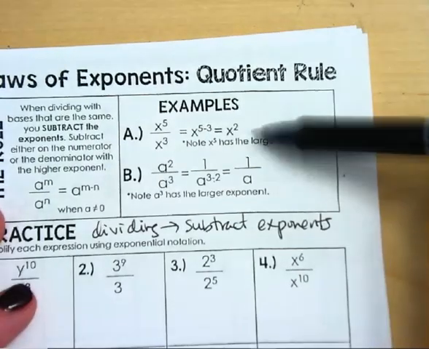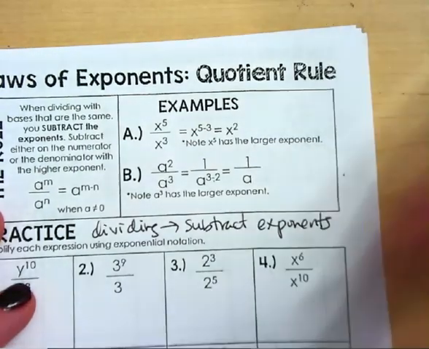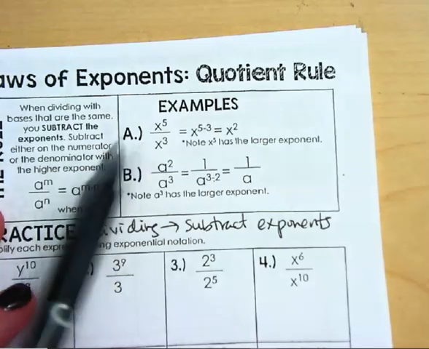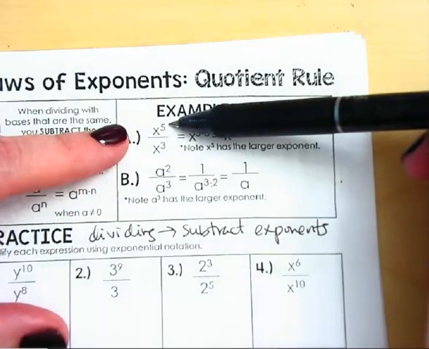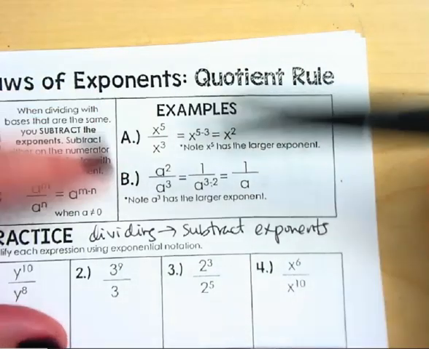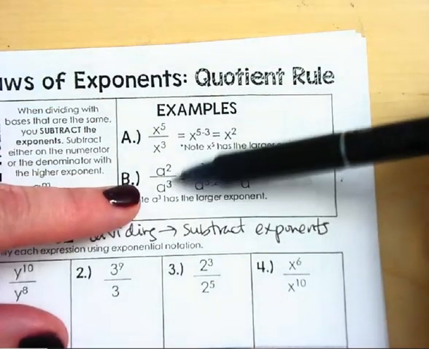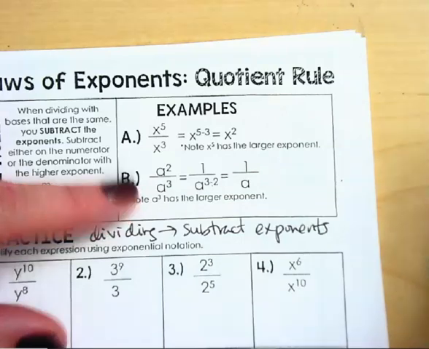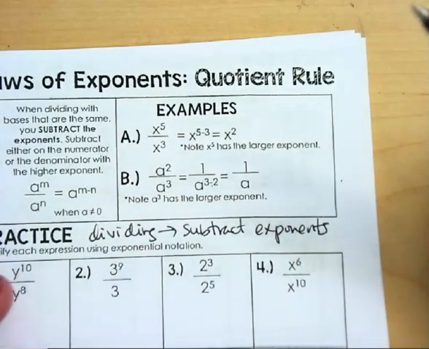Now in these two examples up here, there's actually two different situations happening. The first situation is when the exponent on top is bigger than the bottom. And the second situation is when the exponent on bottom is bigger than the one on top. So some different things happen here.